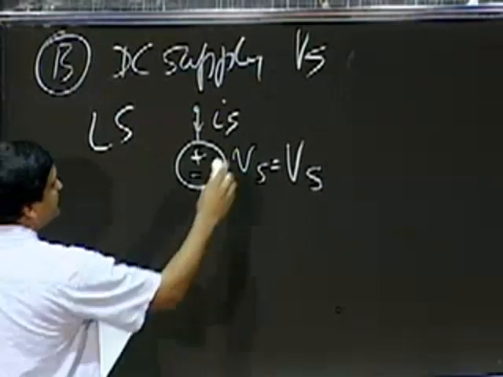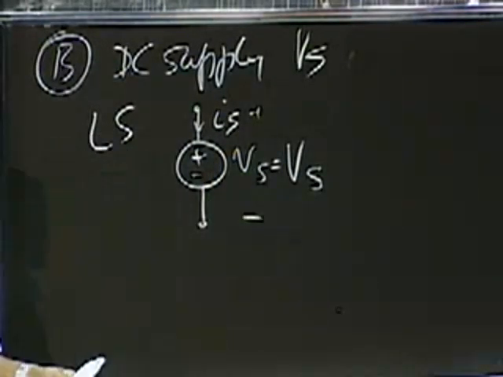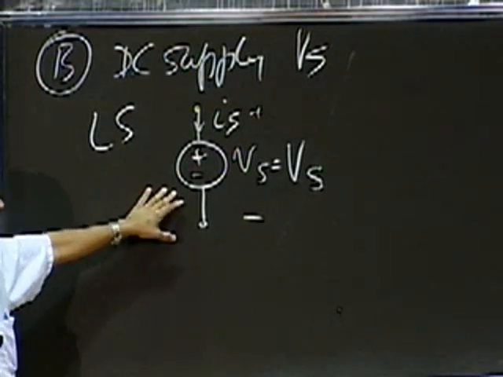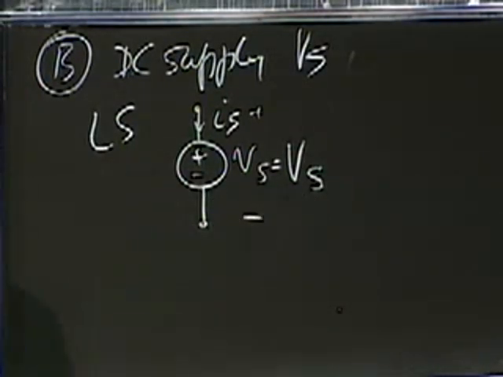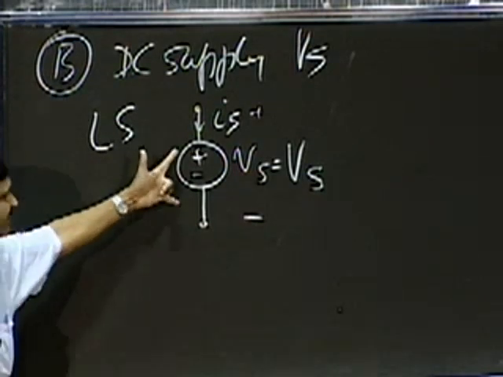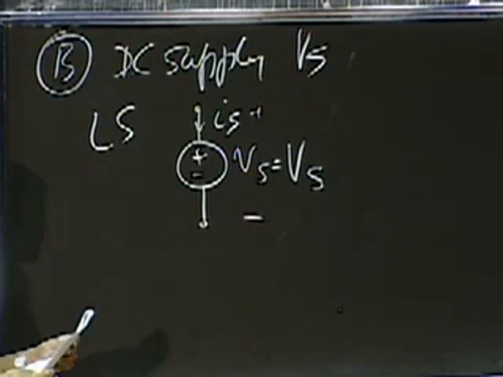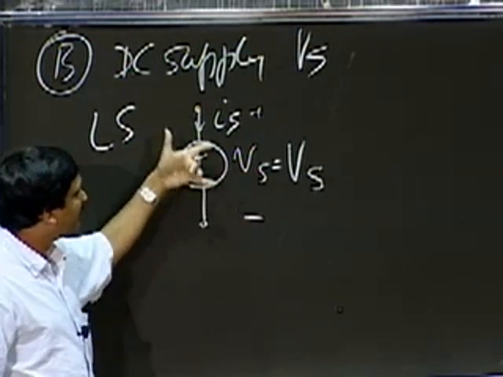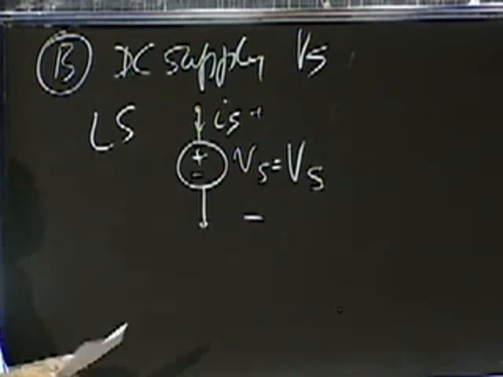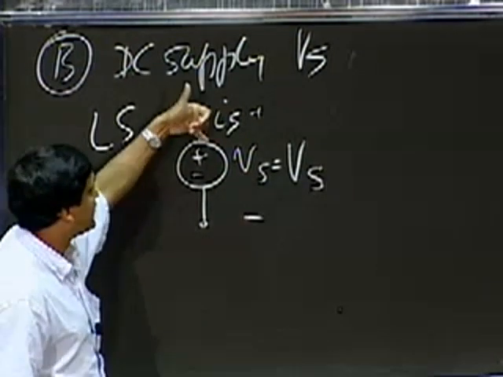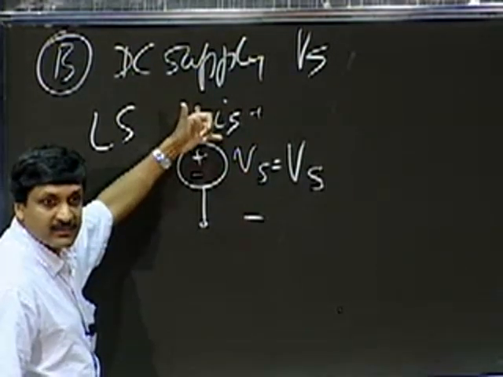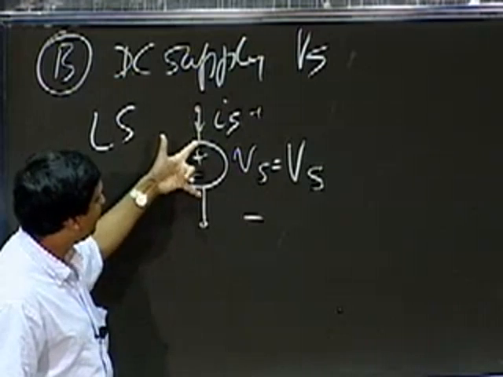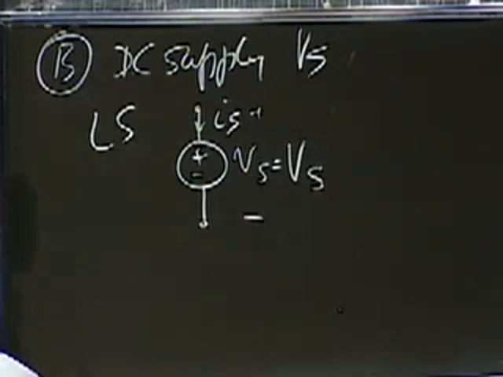The element law for a voltage source is Vs equals some capital Vs. It's a constant voltage. So what do you expect to be the small signal model for a voltage source? In other words, suppose I have a small change in the current. By how much should the output Vs change?